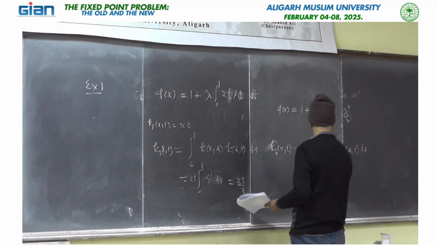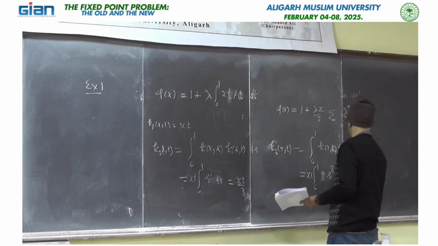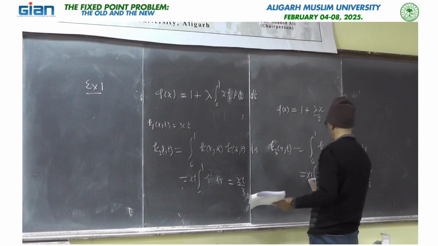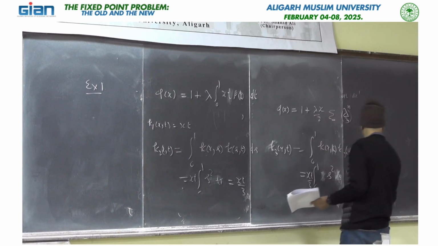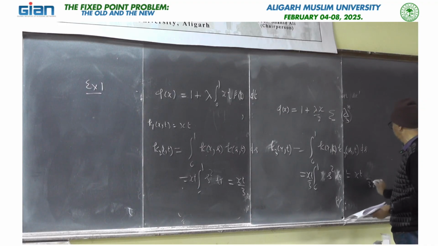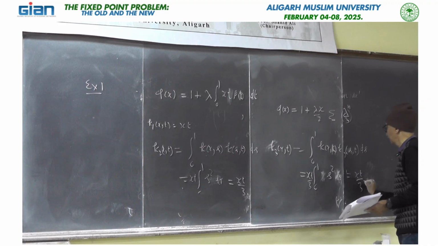So, x t s square ds only. So, I have x t s cube by 3, but one more 3 is there. So, 3 square, sorry, s cube by 3, 0 to 1, 3 square.